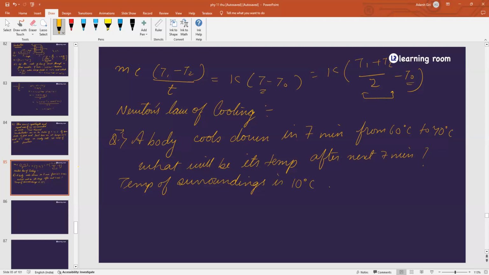Assume Newton's law of cooling holds good. Try to solve this quickly.